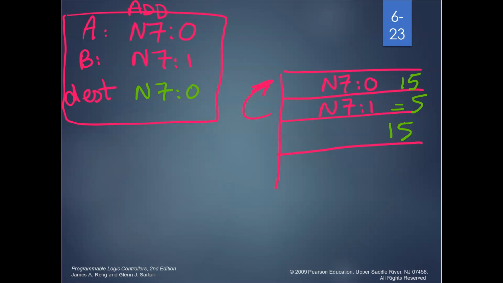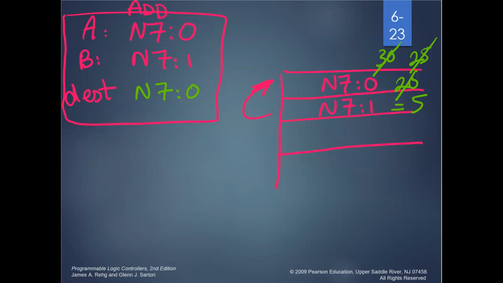Then if this is executed another time, this time 5 and 15 will be added together, so I'm going to have 20 here. The next time it's going to be 25. The next time it's going to be 30. Every single time the program is executed, this value will be increased.